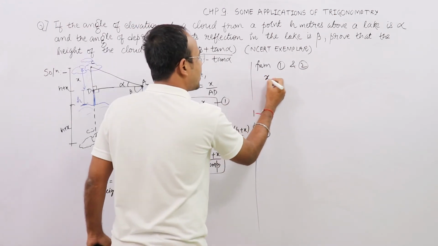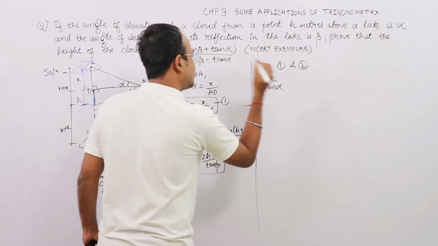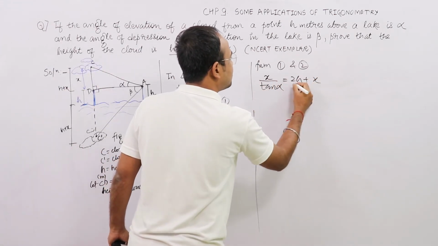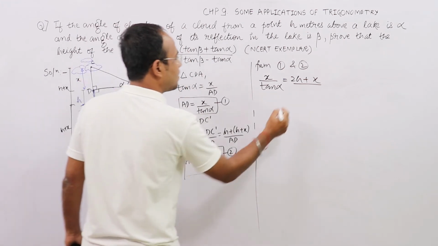That means x by tan alpha will be equal to 2h plus x by tan beta.